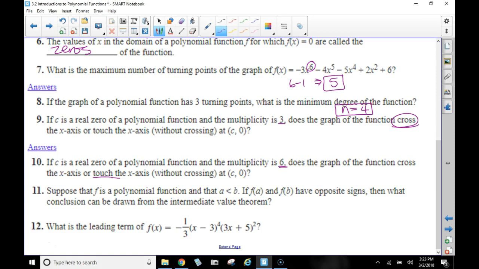Okay? Suppose that f is a polynomial function and that a is less than b. If f of a and f of b have opposite signs, then what conclusion can be drawn from the intermediate value theorem? Okay?